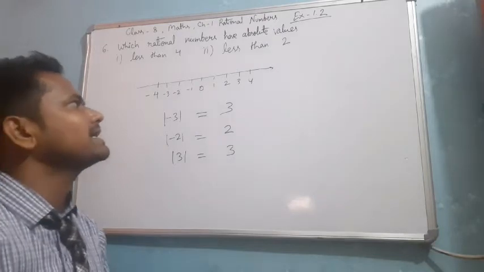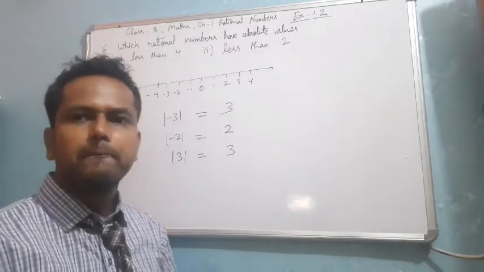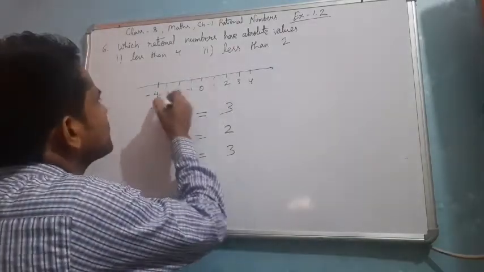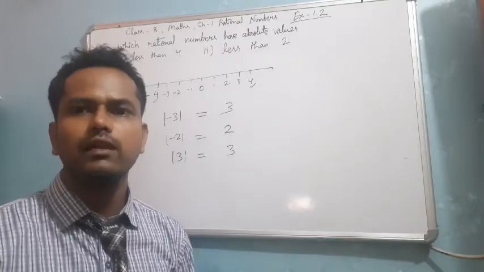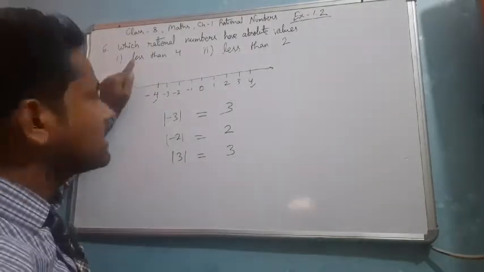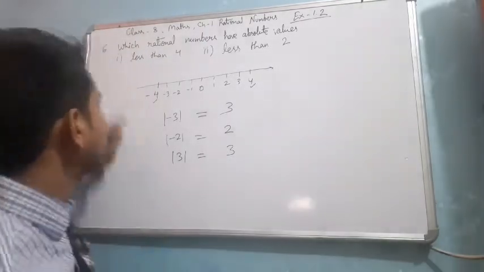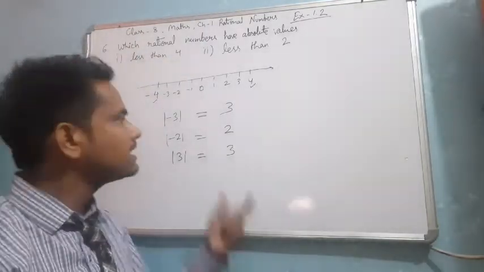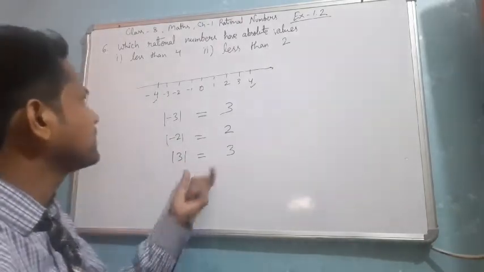So we can say that all rational numbers between minus 4 and 4 have absolute values less than 4, and you can clearly see that from the given examples.